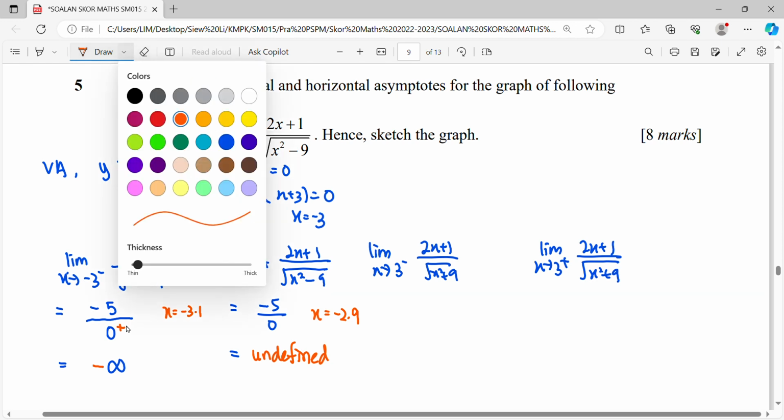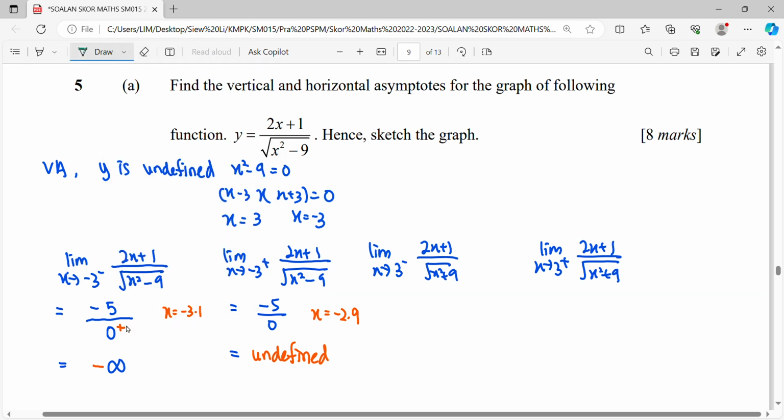So why is it undefined? We can look at the domain of the function. If we analyze the domain of this graph, for the square root and the denominator, x squared minus 9 must be greater than 0 only. It cannot equal 0.